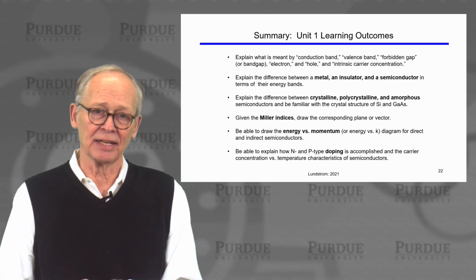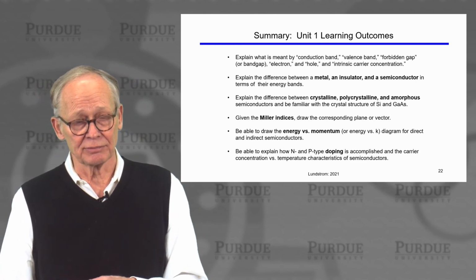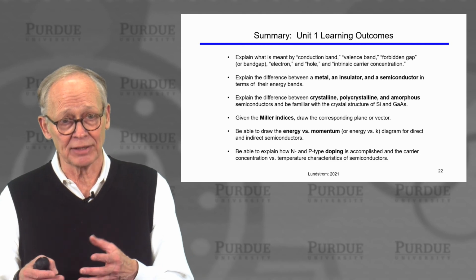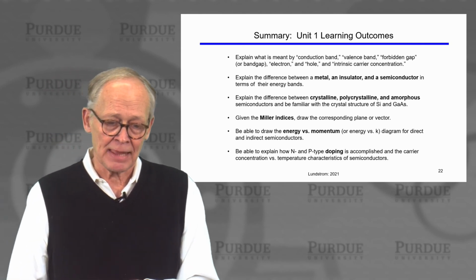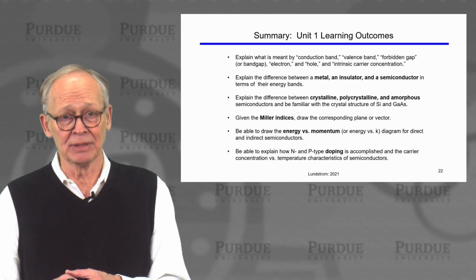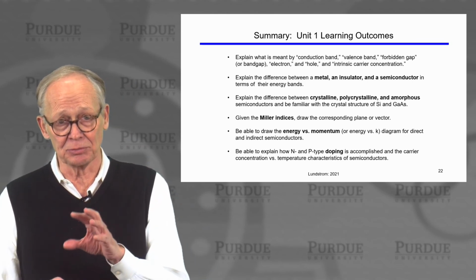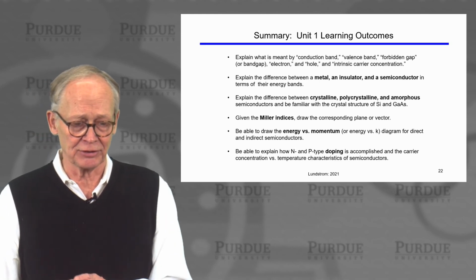Be sure you understand energy-momentum plots for electrons or holes in crystals, or energy versus k or wave vector plots. Same thing. Also be sure you understand how they're different than an energy band diagram, which is the bottom of the conduction band versus position, top of the valence band versus position, not versus momentum.